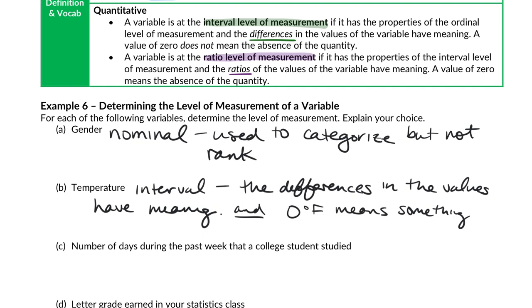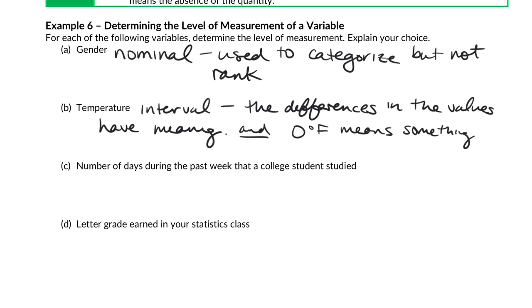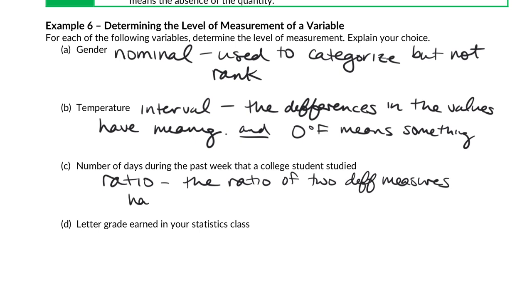How about the number of days during the past week that a college student studied? Nominal, ordinal, interval, or ratio? It's actually not interval. This one will be ratio. It's a ratio because, for lack of a better word, the ratio of two different measures have meaning.